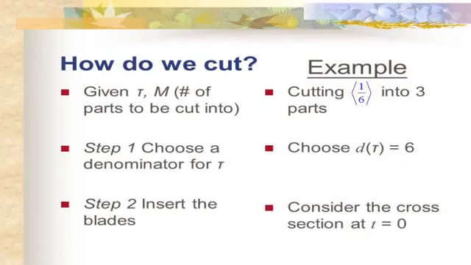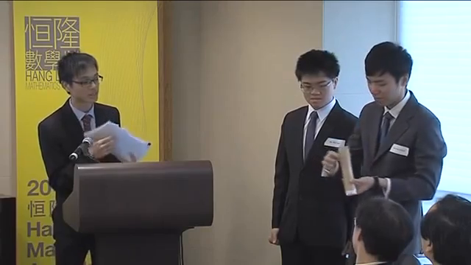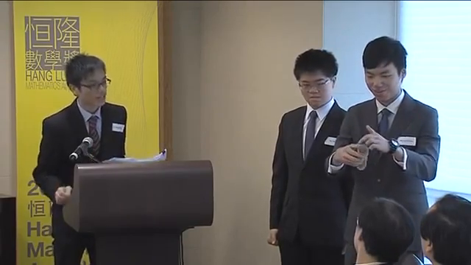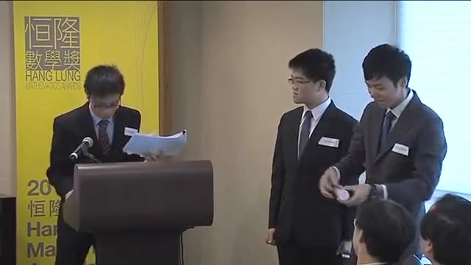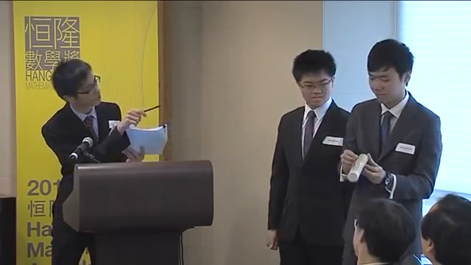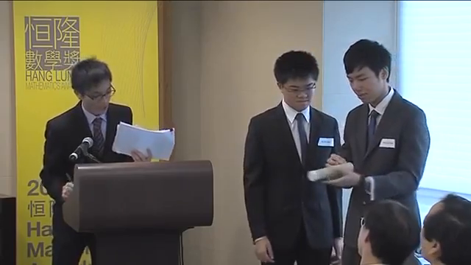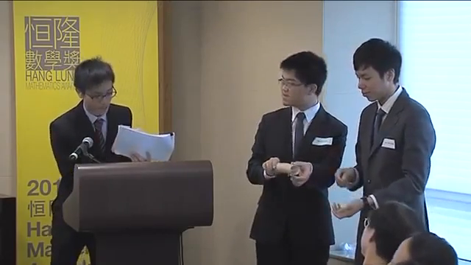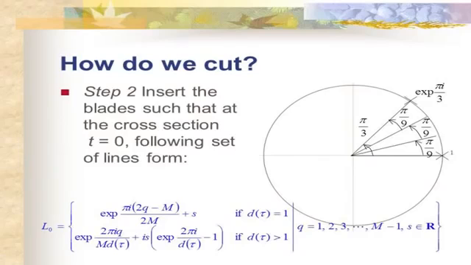We have to choose the number of parts to be cut into, and we choose 3 parts, which means that M equals 3. Next we insert the blades at the cross section at the left end. So here are the blades. If you want to see the cross section, this is how we do that.